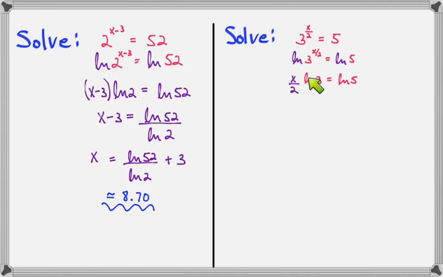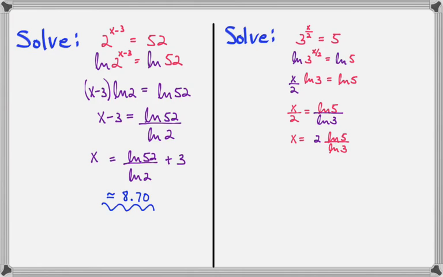Okay, now let's divide both sides by ln 3, because all we're trying to do now is isolate the x. So if we divide both sides by ln 3, there you have that. And now I want to get this 2 onto the other side. So let's multiply both sides by 2. And there you have that.